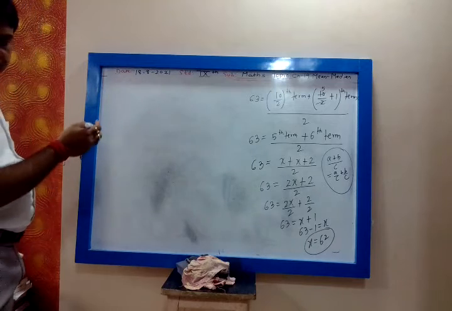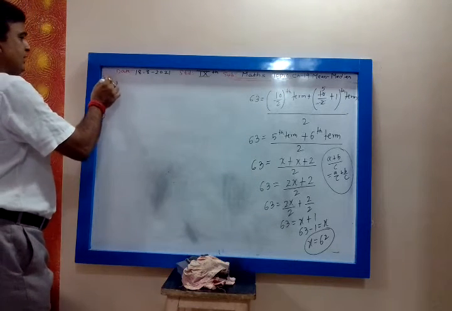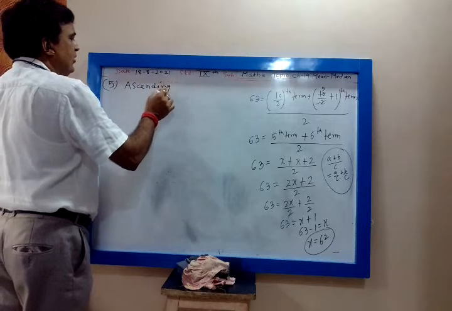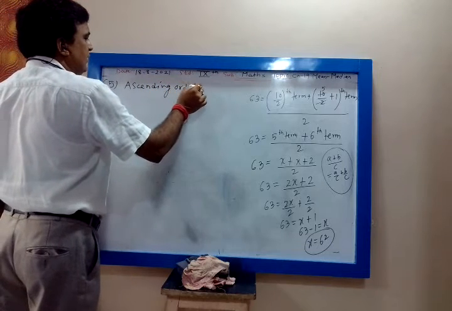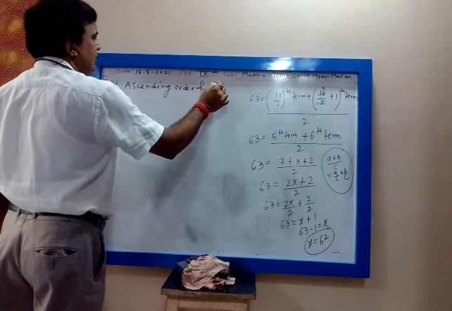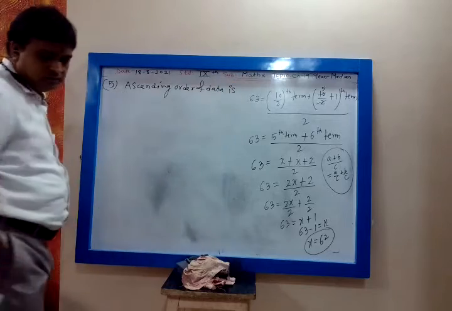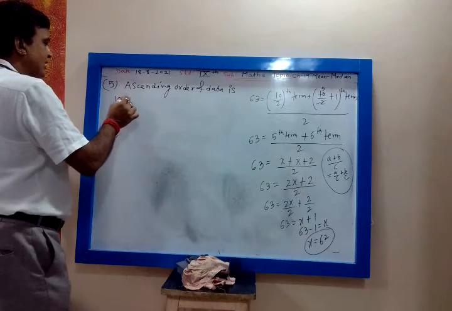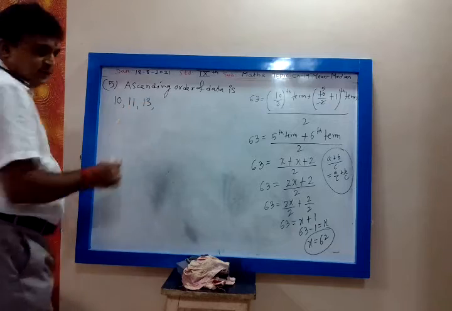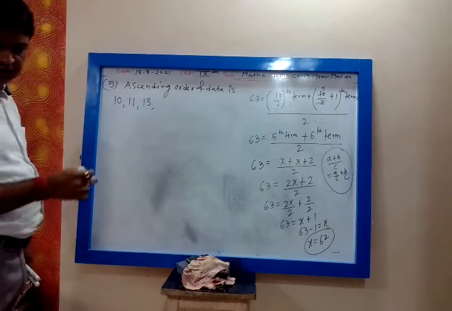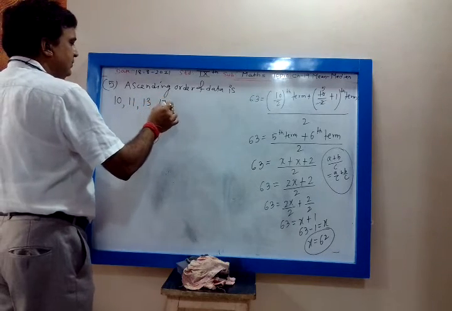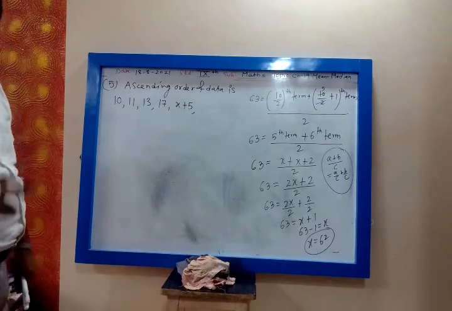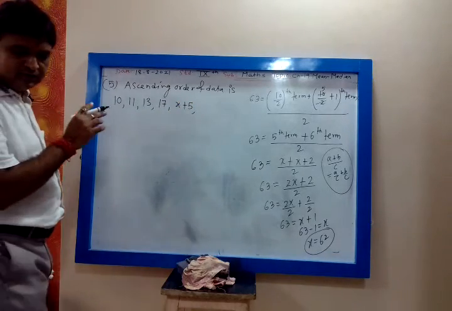5th one: the observations in ascending order of the data are given to you. 10, 11, 13, then 17, then x plus 5. x plus 5 is one number, don't consider two numbers.